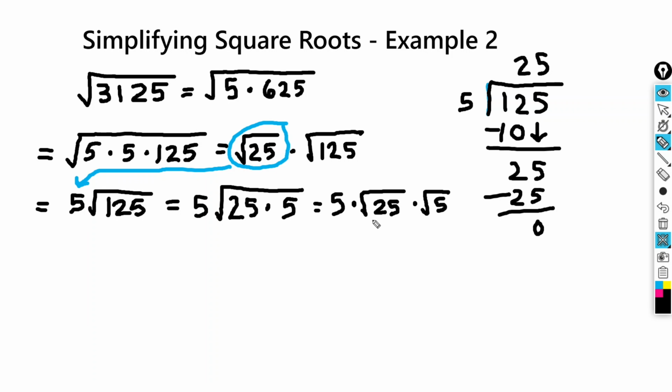Well, the square root of 25 is 5, so we have 5 times 5 times the square root of 5. 5 times 5 is 25.